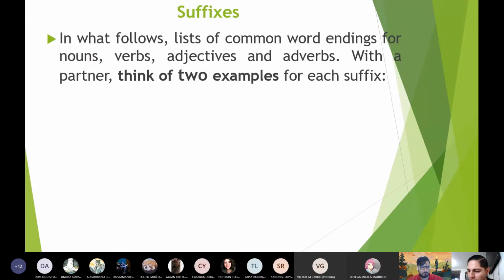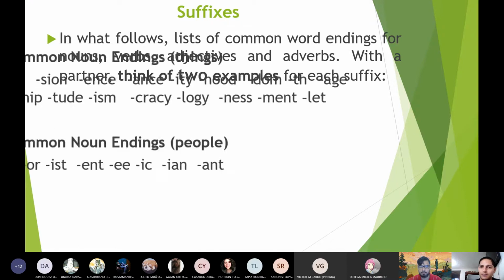Just try to remember the words that you employ, and let's see whether you can remember or not. It's not very easy, of course. It's not that you're going to learn every single suffix from one week to another. It's going to be a process. But I guess some of you might remember the most common suffixes.